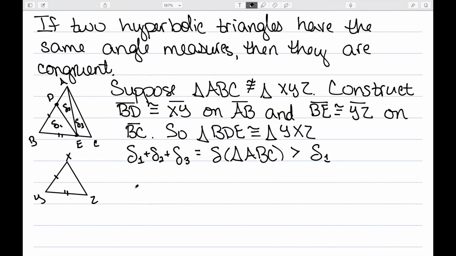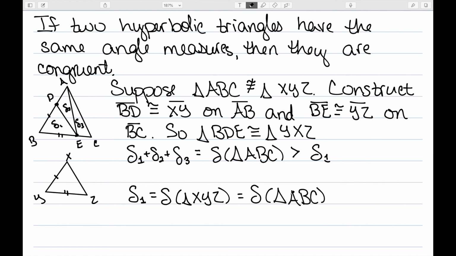However, defect 1 is also the defect of triangle XYZ, since it is congruent to the triangle with defect 1. They would need to have the same defect, which should also be the defect of triangle ABC, since we know XYZ and ABC have the same angle measures. And that gives me a contradiction, because I can't have this both greater than and equal to the same number. So therefore, these triangles had to be congruent to start with.